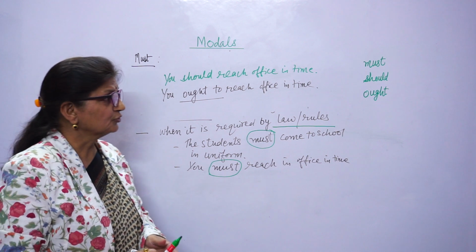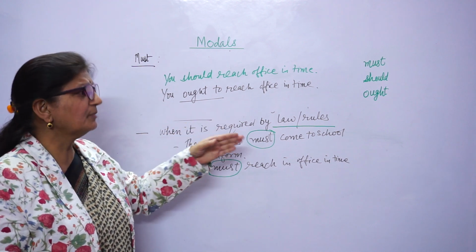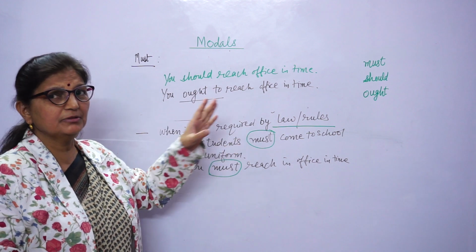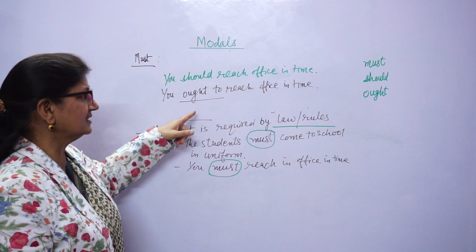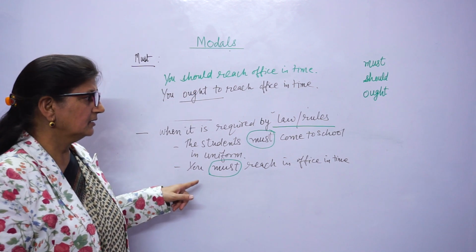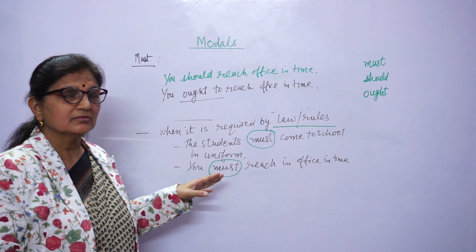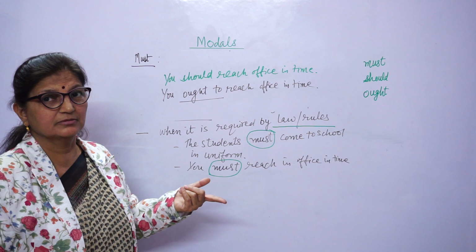Okay, so today we have done must, should. There are many uses of should that we will discuss in next video, but in one sense these three can be compared, and you should think before use what I should use here.